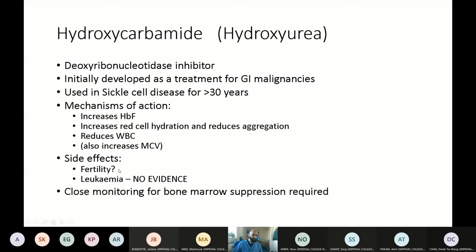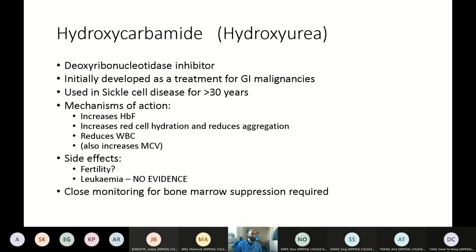So for patients who've been on hydroxycarbamide and then stop, and have never had their fertility assessed before, if their fertility is assessed afterwards, it's sometimes assumed and put down to hydroxycarbamide, but that's difficult to prove, and it may be the underlying sickle cell disease. However, we do recommend that all male patients starting hydroxycarbamide should have sperm cryopreservation done before they start.